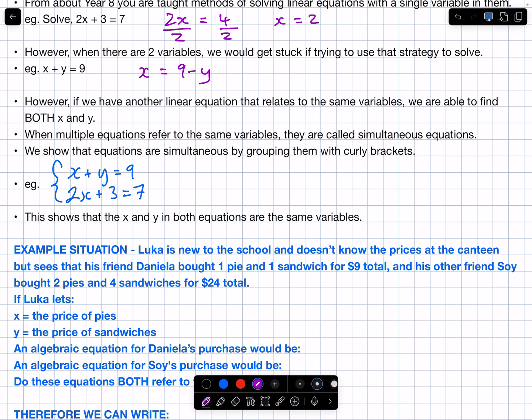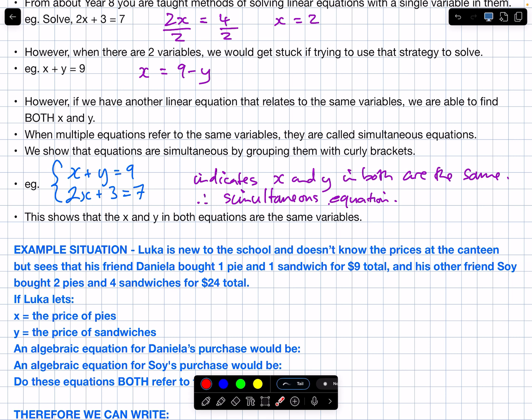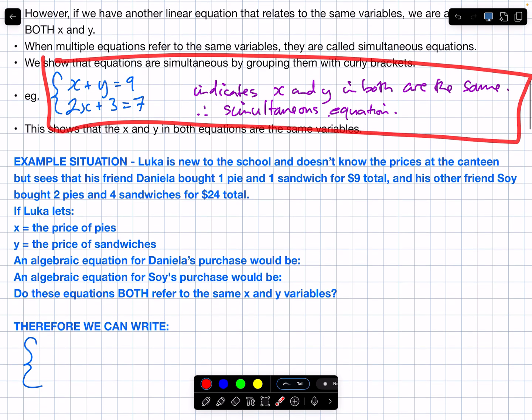So that's the first notes that you should take: curly brackets indicate x and y in both are the same, therefore simultaneous equations, because that shows that x and y in both are the same thing and that allows us to solve it. So can you please get this to start off with, and then I'll introduce a situation.